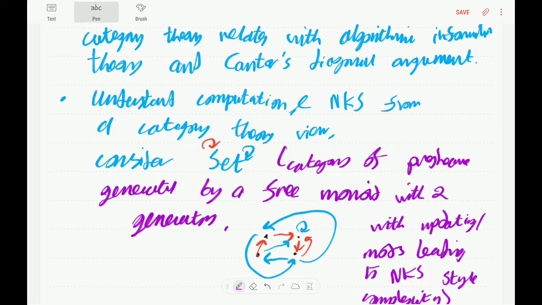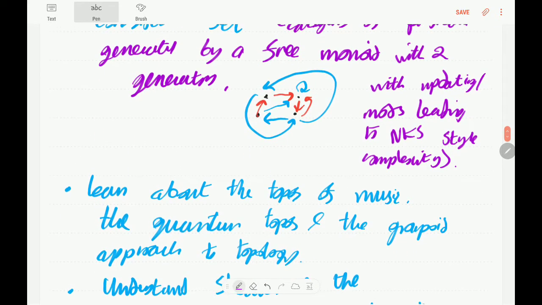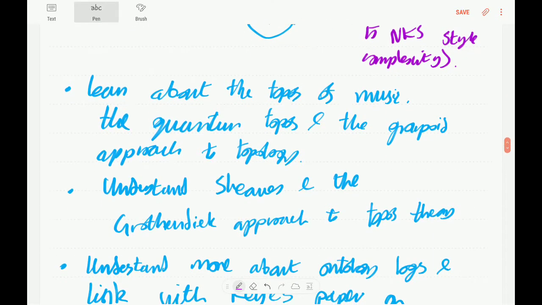So I think one can make NKS type systems where one starts with one of these things and does some fairly simple kinds of iterative transformations to get really complex dynamics going on and build up really complex objects like this. But one could do it so that the operations one was using were kind of easy to think about from a categorical viewpoint. Might give some interesting insights into the nature of complexity.